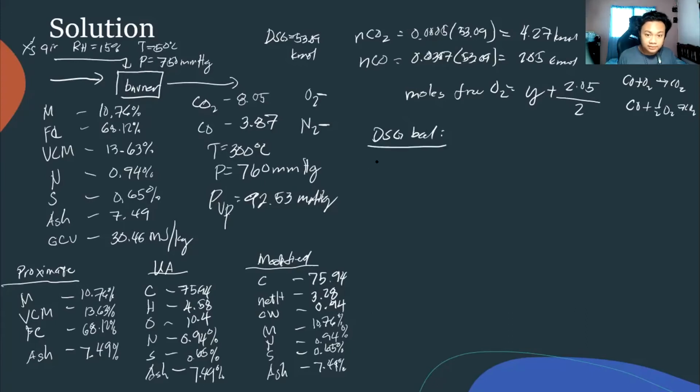And then we will have our DSG balance. We have 53.09, and we'll have our components: CO2, CO, free O2 plus N2. Let me just write it so that you won't be confused.